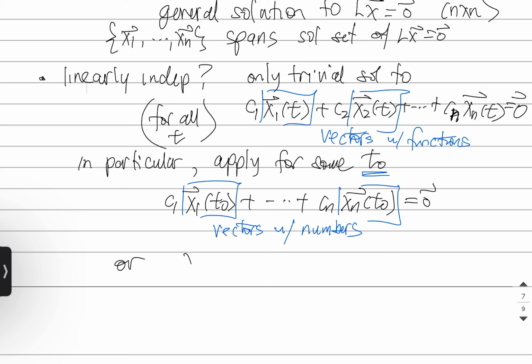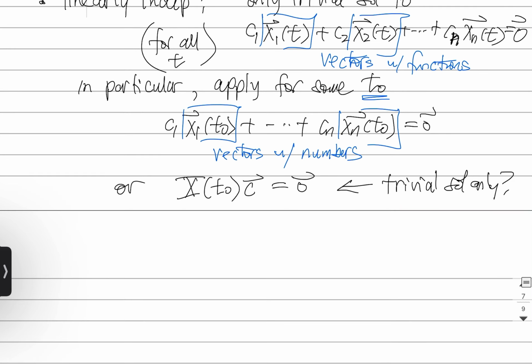Or if I take this system and rewrite it in that form, capital X of t naught, the matrix, times c equals 0. And what I'm interested in is, does this have the trivial solution only? Now, from linear algebra, you will find that the trivial solution will only happen if and only if the determinant of this matrix is not 0.